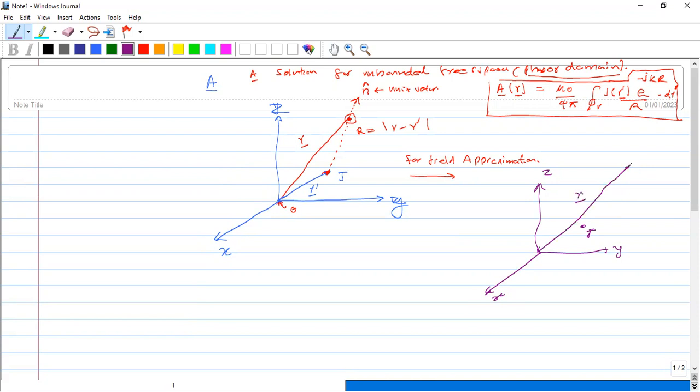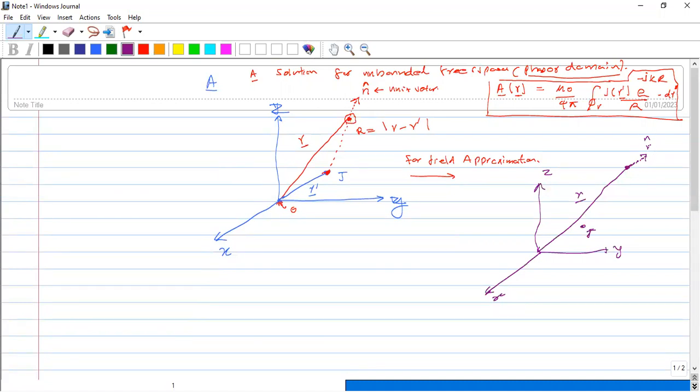Let's say the unit vector along this direction from the origin to this position is R hat. This is the unit vector, and it indicates the direction.